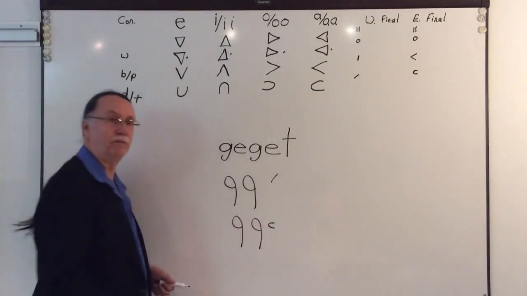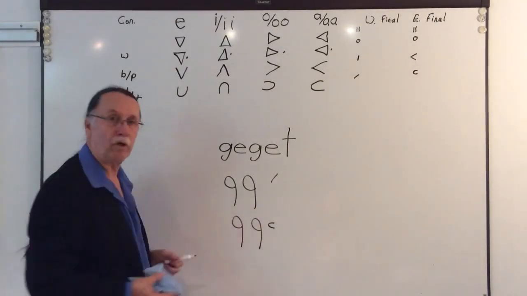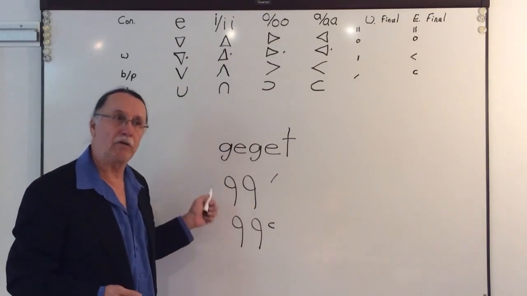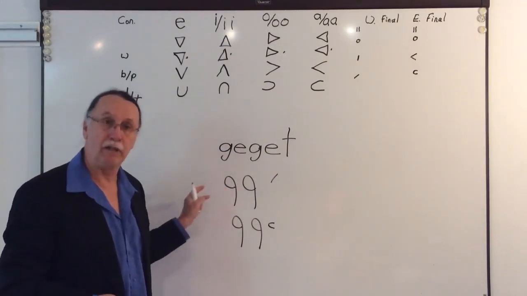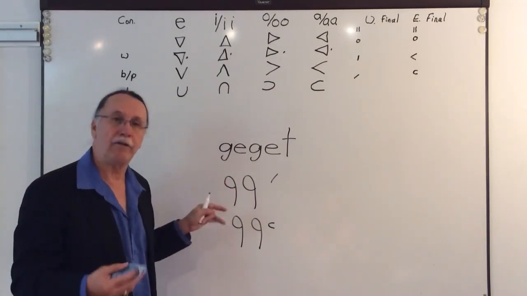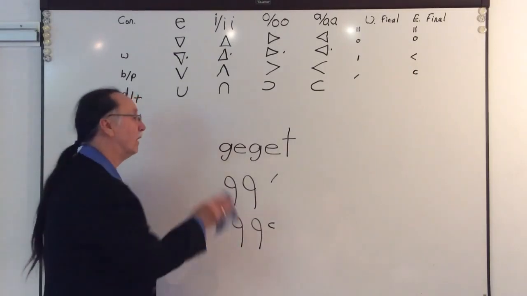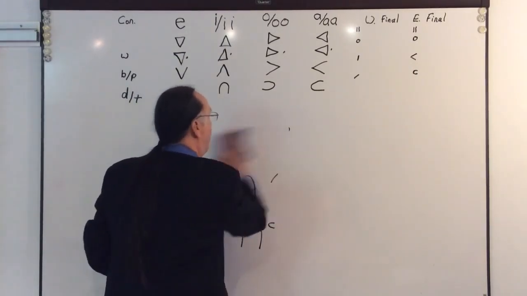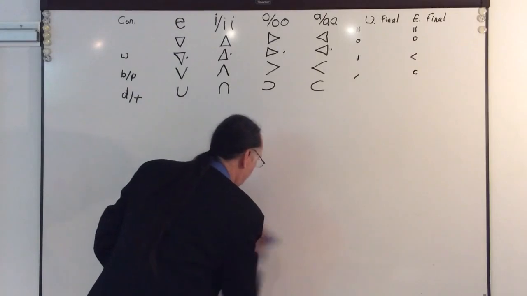That's how the final works. Now that's at the end of a word. You'll find that there are going to be times that we use finals in the middle of a word. And we're going to do that in other lessons. Not so much this lesson, but in other lessons to come. Okay, let's continue on.